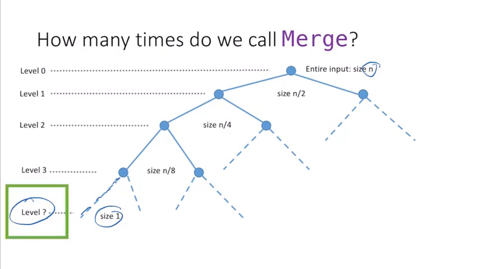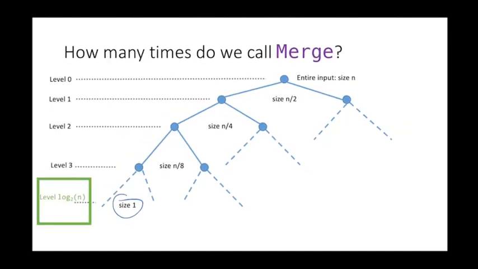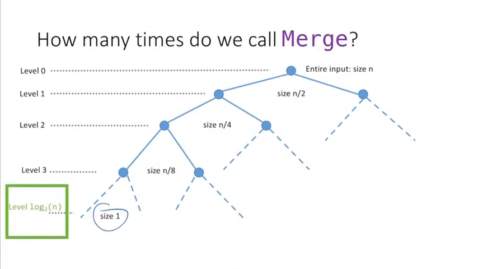Alright, what is that bottommost level? When we have a divide and conquer style algorithm that's continually dividing by 2, you're going to continually divide by 2 till you get to the base case. Here our base case is when the size is 1. Well, we have a special function in mathematics for saying, what happens if I continually divide by the same number over and over? That's what a logarithm is.